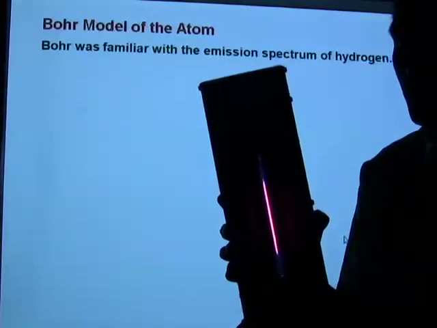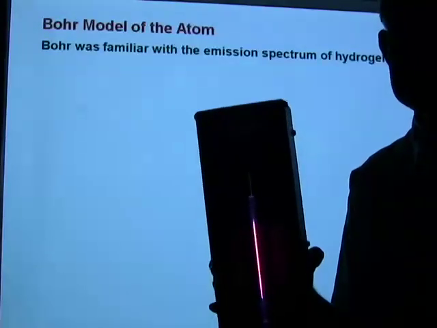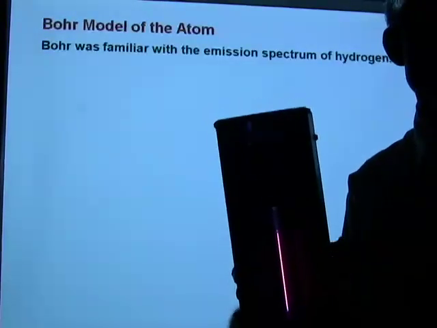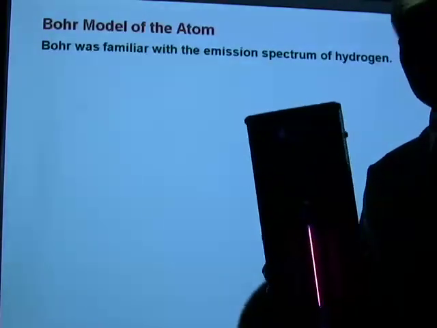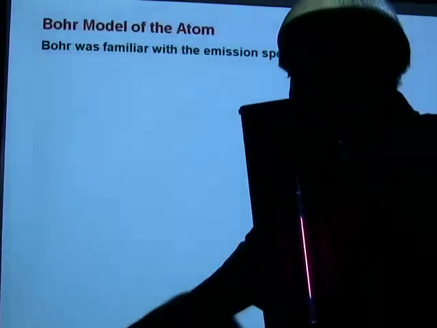Now, what happens to it when this light is passed through a prism or something that can actually split this light? Let me see if I can show that to you. Well, this is the normal hydrogen source, and I'm going to pass the light emitted by hydrogen through what is called a grating and see what you get on the screen.